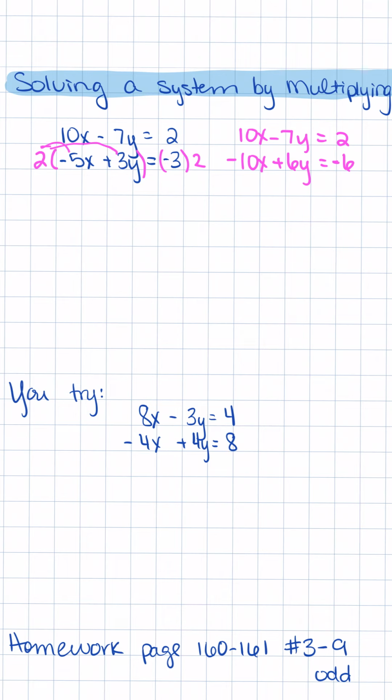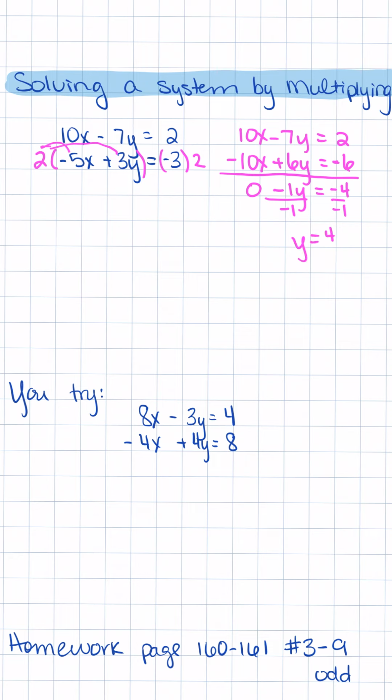Okay, so now we can go ahead and subtract, or this way we're really adding them, but one of them's a negative, so that's going to equal 0 minus 1y equals -4. We're going to get rid of this -1 by dividing by -1.